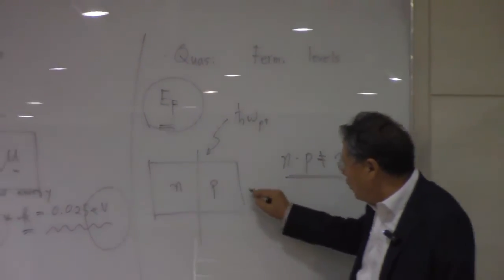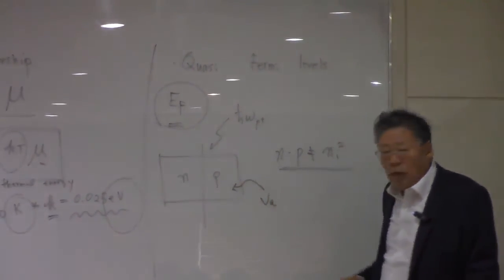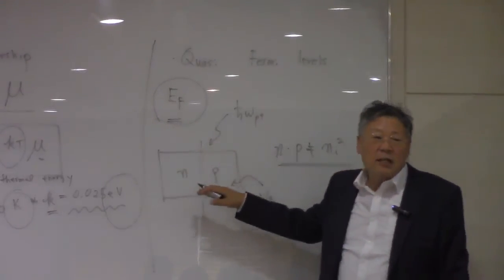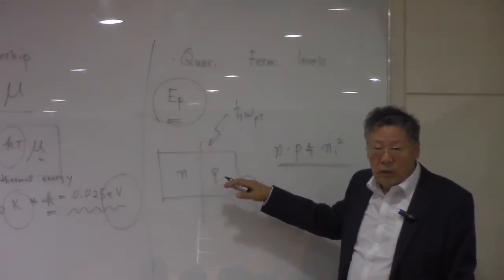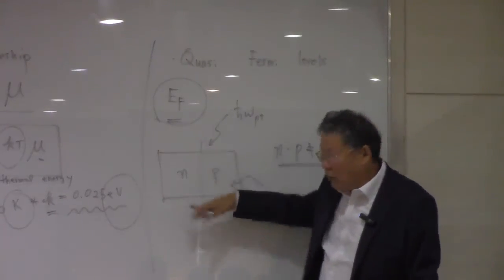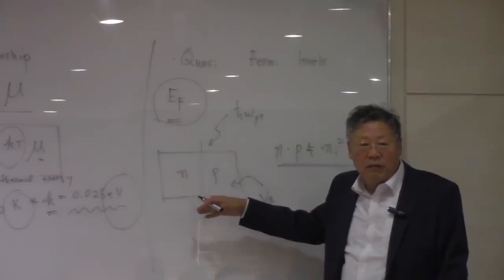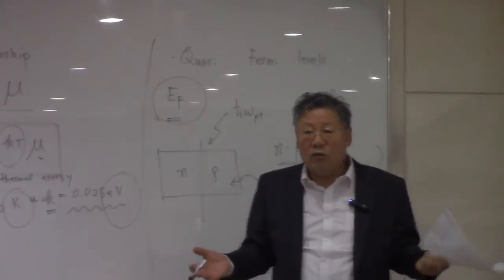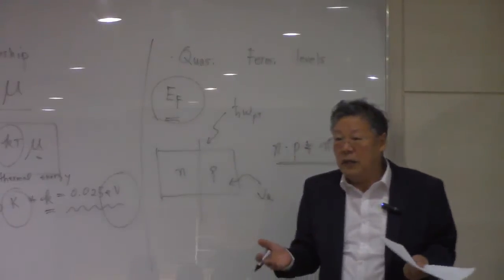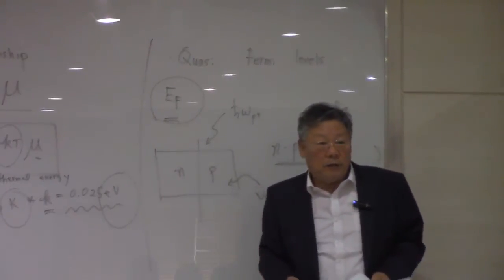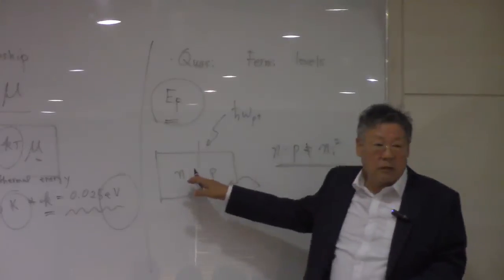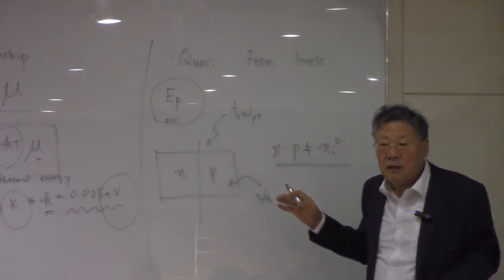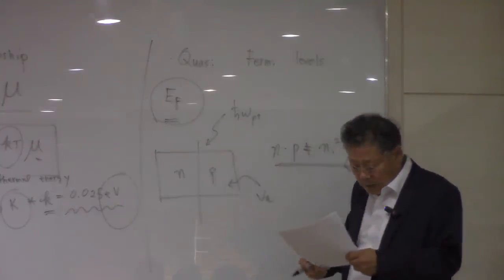Or if you apply voltages, forward bias or reverse bias, then it is not in an equilibrium state anymore, which means you cannot define the Fermi energy. If you cannot define the Fermi energy, then how can you use the Boltzmann statistics to find the number of free carriers in any part of this material? That's impossible, right?